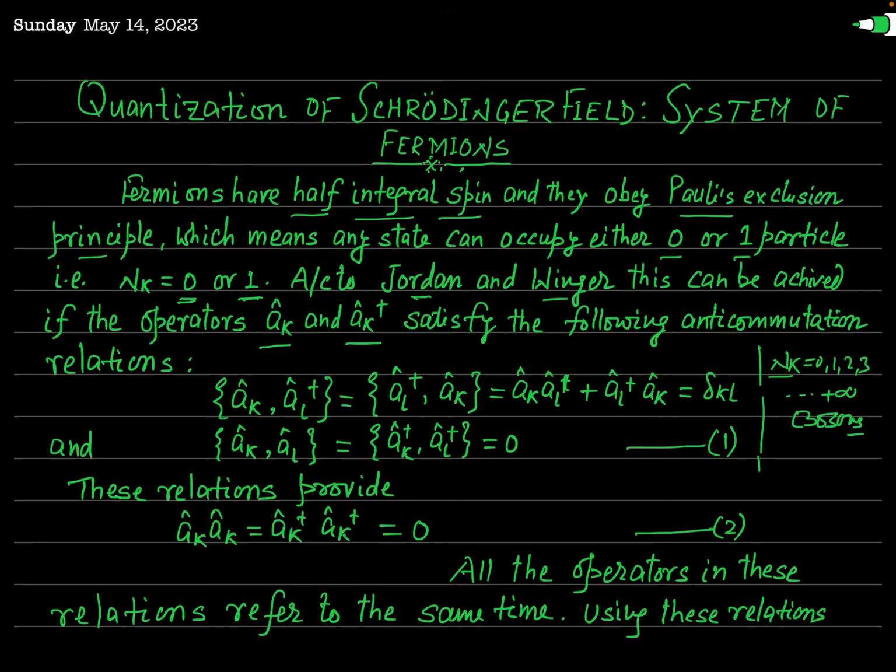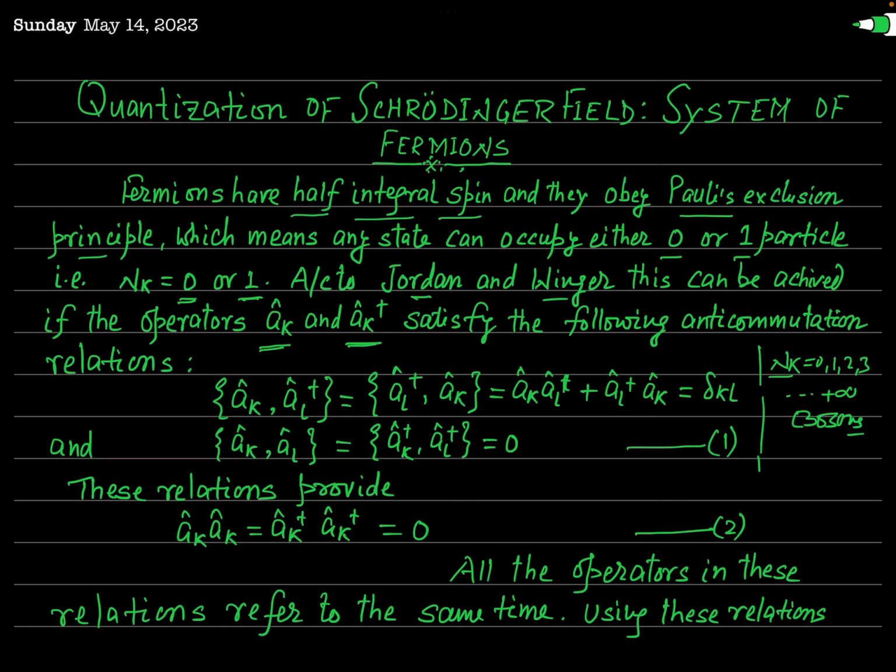So in this case, these two operators a_k hat and a_k hat dagger satisfy the following anti-commutation relations, not commutation relations. You know that the curly bracket represents the anti-commutator.